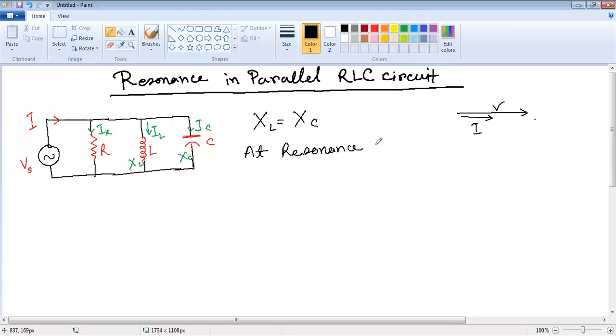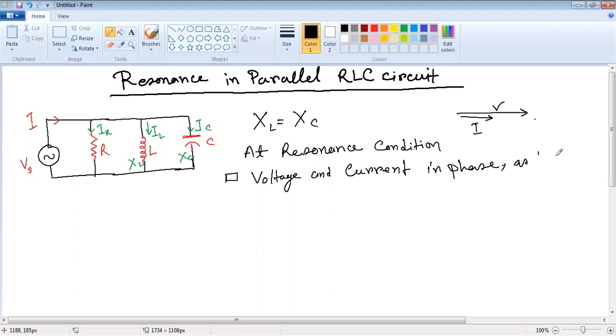At the resonance condition, as XL equals XC, this portion goes to zero and only R remains. So voltage and current are in phase, as the circuit becomes purely resistive.